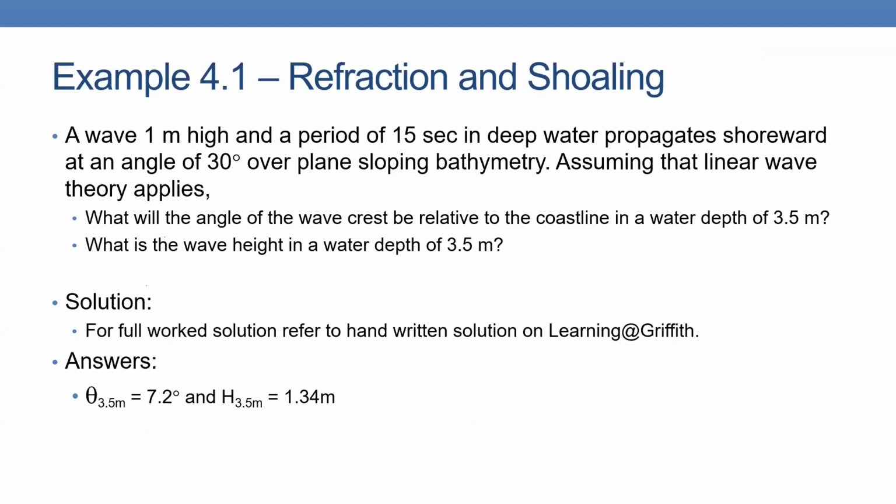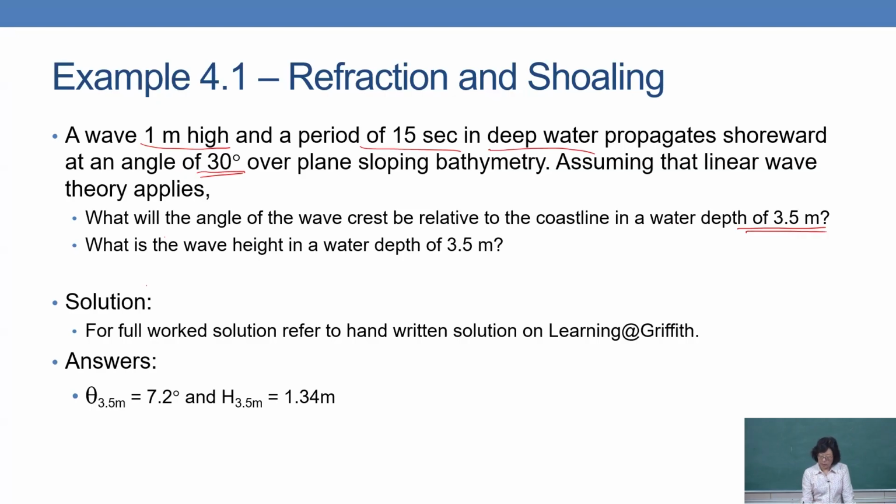Now we look at the example for the refraction and shoaling. A wave is 1 meter high. The period is 15 seconds and is in deep water. It propagates shoreward at an angle of 30 degrees over plane sloping bathymetry. Assuming that linear wave theory applies, what will the angle of the wave crest be relative to the coastline in the water depth of 3.5 meters?